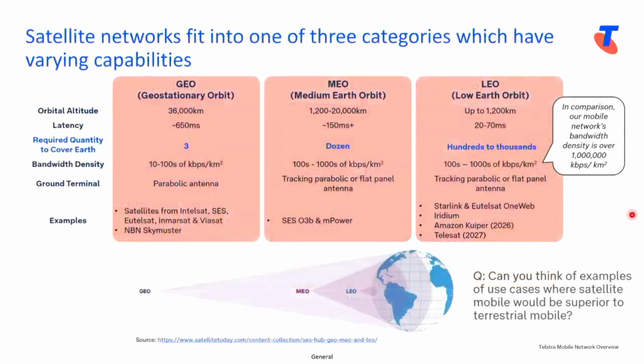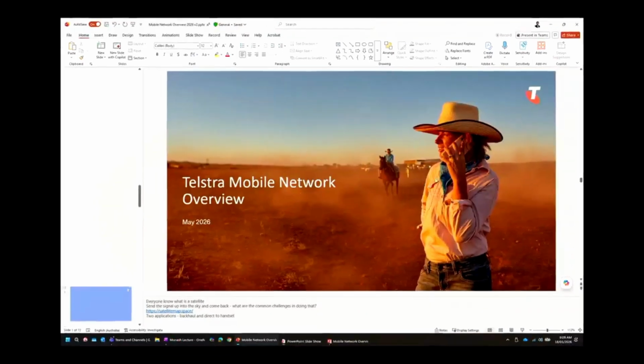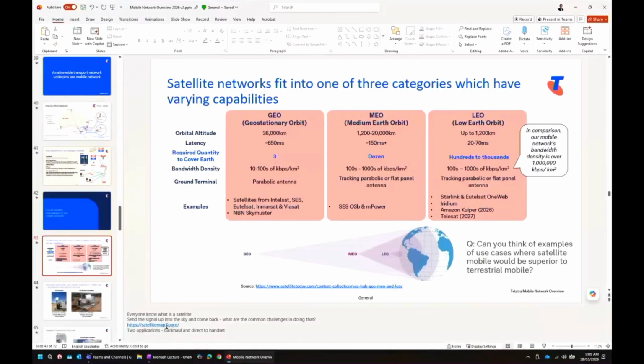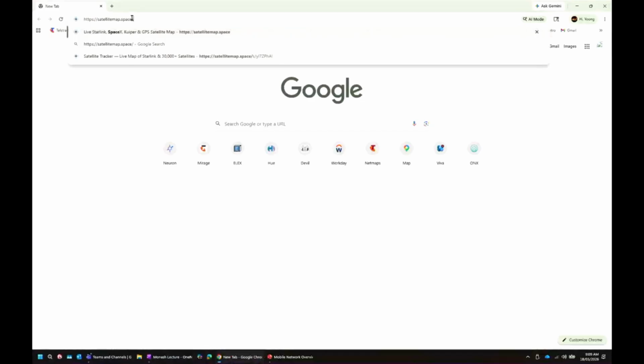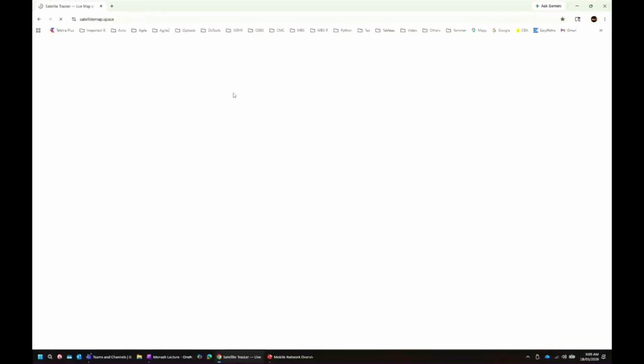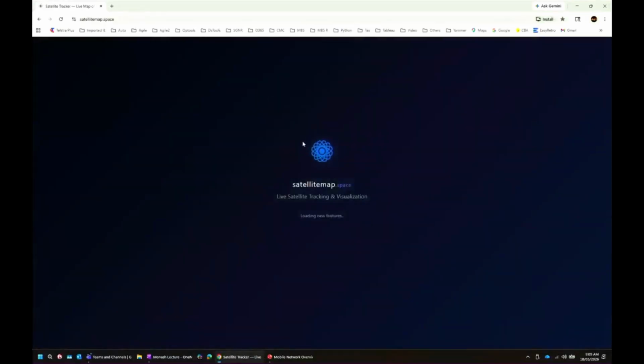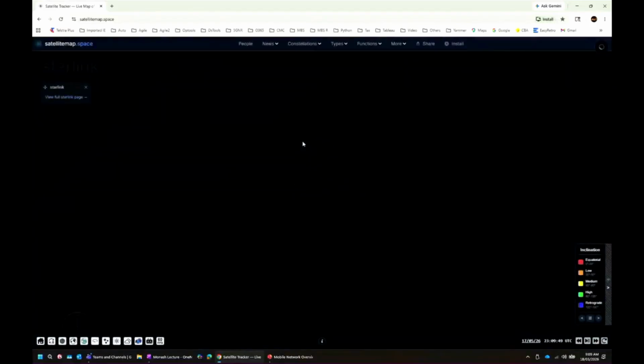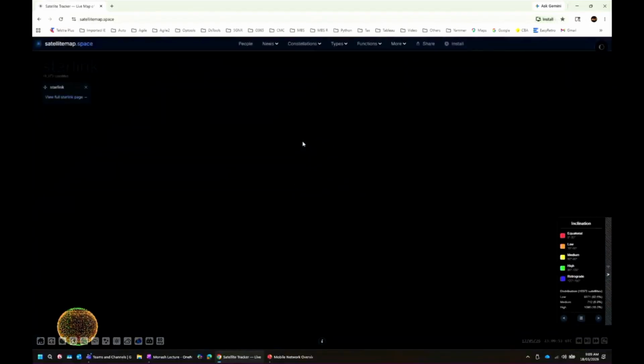Has anyone ventured into looking at satellites?